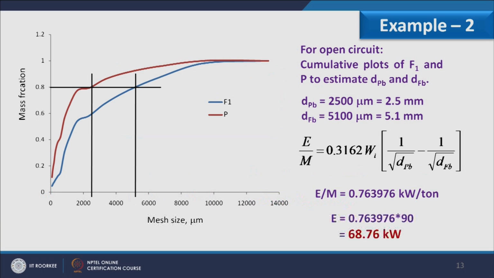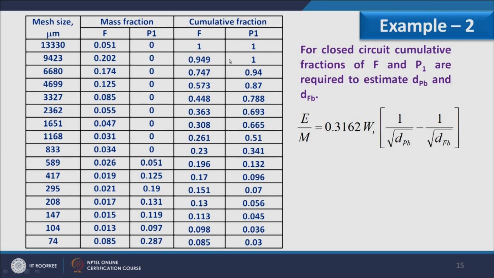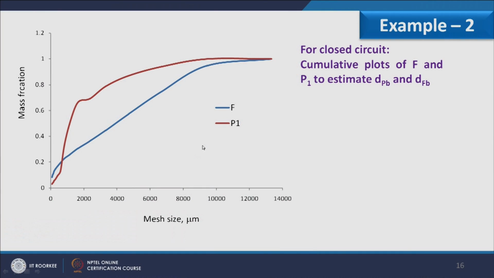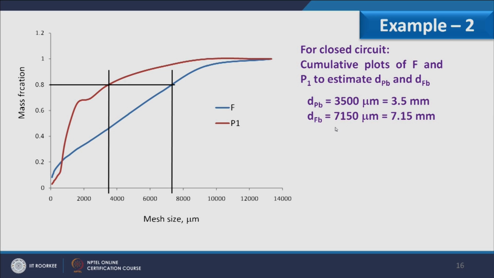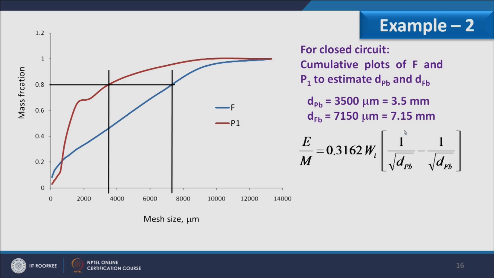In a similar line, for closed cycle we will use F and P1, and here we will make the cumulative plot for F as well as P1 to know where 80% mass will lie. This is the cumulative plot of P1, this is the cumulative plot of F. Corresponding to 80%, we can draw the line and then we can calculate dPb and dFb as 3.5 mm and 7.15 mm.